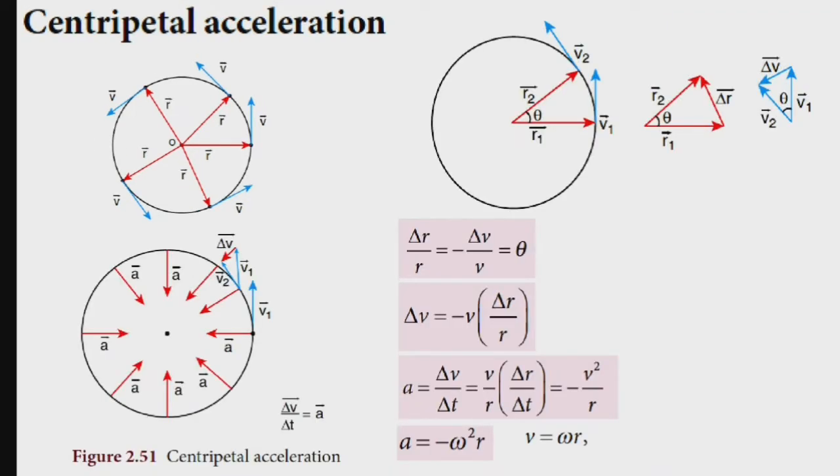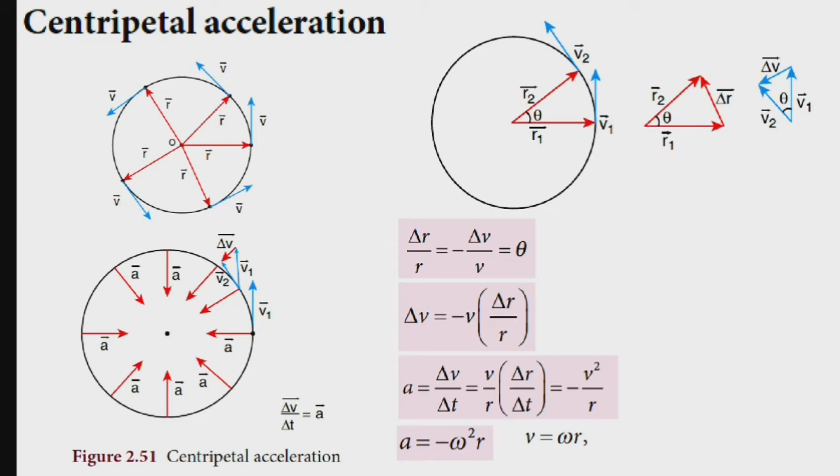Centripetal acceleration. If the particle moves from position vector r1 to r2, the displacement is given by delta r vector is equal to r2 vector minus r1 vector, and the change in velocity from v1 to v2 is given by delta v vector is equal to v2 vector minus v1 vector.